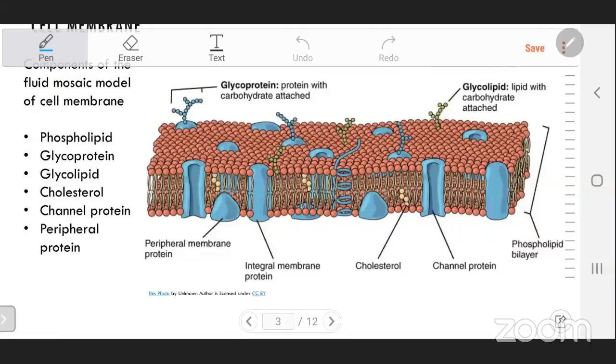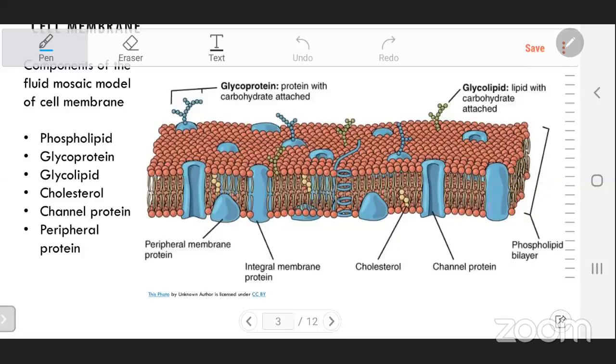This is the fluid mosaic model of the cell membrane, which is selectively permeable. That is, they allow not only movement of some solvent but also some gases, because they have specialized structures such as protein, glycoprotein, glycolipid, and cholesterol.